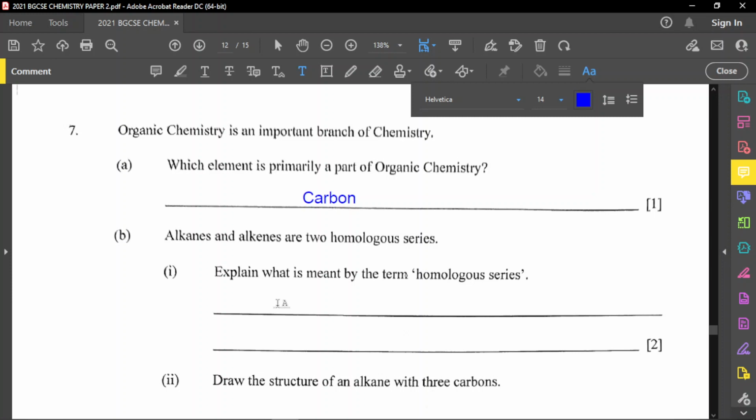Alkanes and alkenes are two homologous series. Explain what is meant by the term homologous. There are many ways you can define this, or there are certain things you need to mention when you're defining this. One is a group of organic compounds. So it's very important that they are organic, okay?